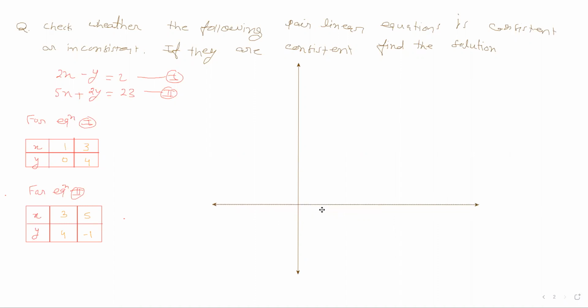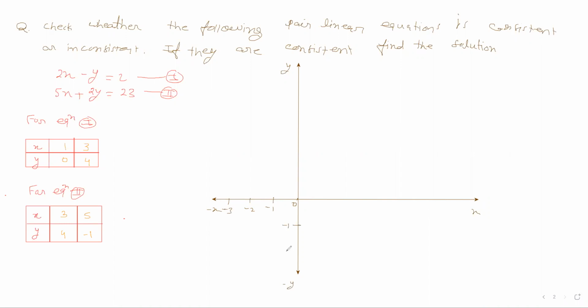So from here, these are the axes, x-axis and y-axis, minus x and minus y. This is 0, minus 1, minus 2, and minus 3.